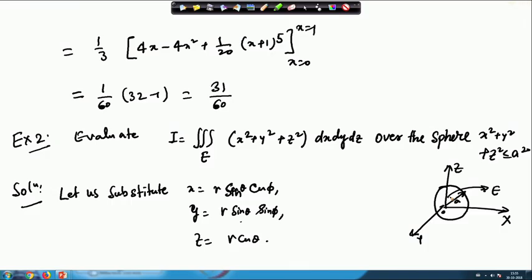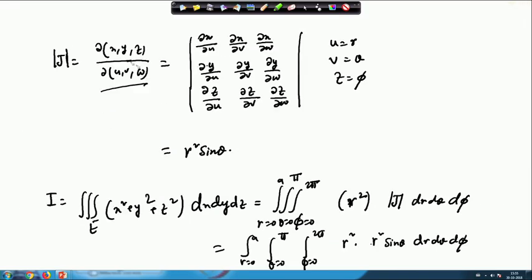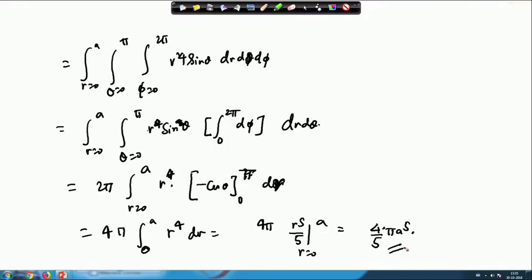Now, we substitute, and next we calculate the Jacobian. Once we have the Jacobian value, we can do the change of variable or transformation, and the new variables are dr d theta d phi, with the Jacobian J. Just substitute the value of the Jacobian and integrate with respect to phi first, then theta, and then r, and that will be our required answer.